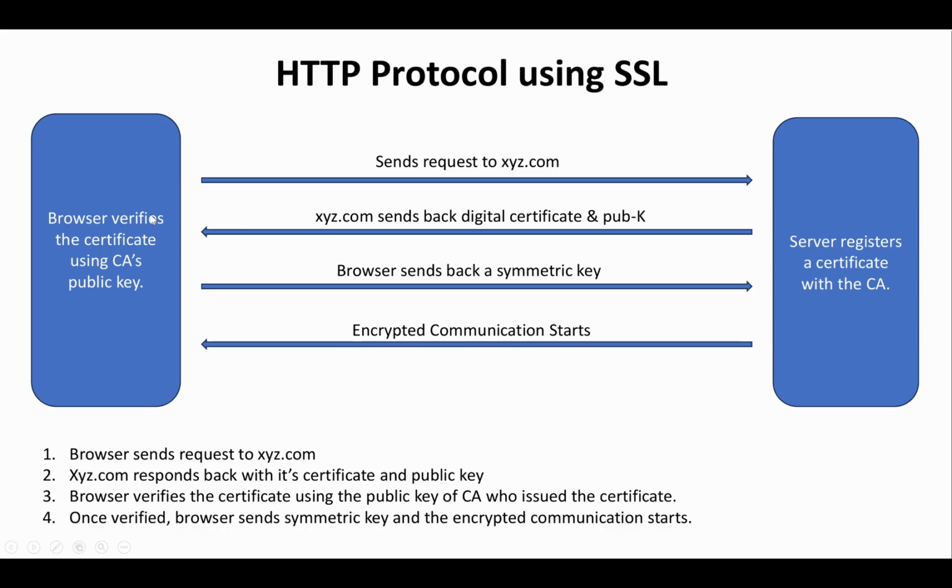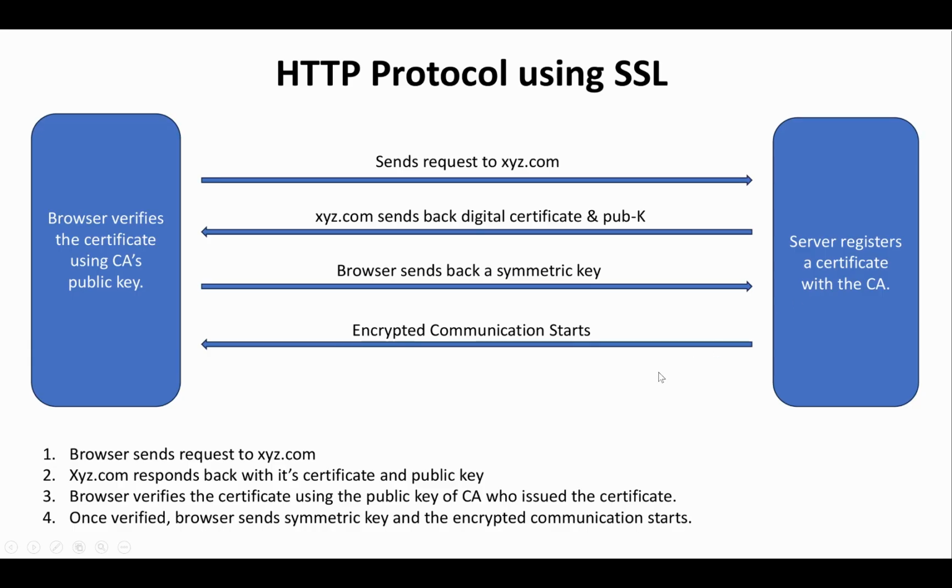Number one, it verifies that this digital certificate is indeed owned by xyz.com, and number two, it also verifies if this digital certificate has been signed by a trusted certificate authority or not. If both of these checks pass, then the browser generates a symmetric key that is sent to the server and then the encrypted communication starts.